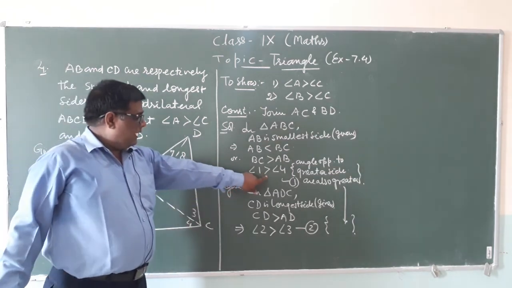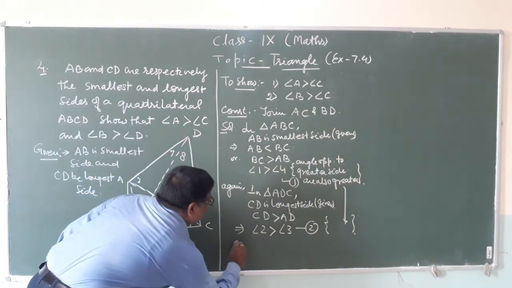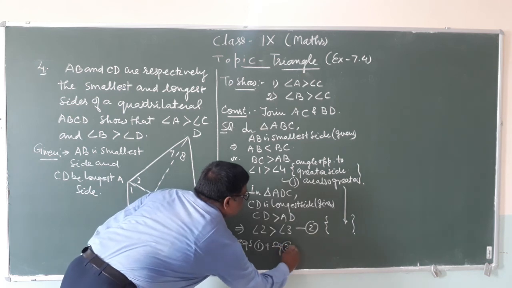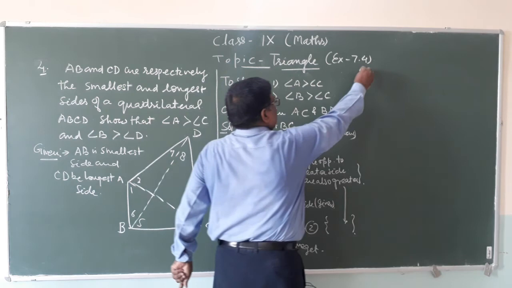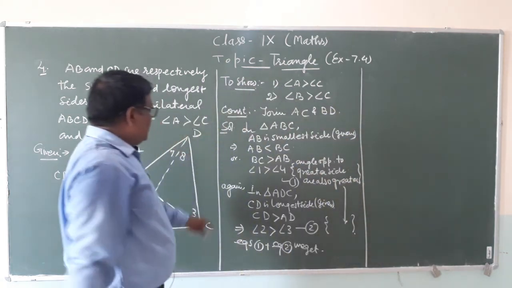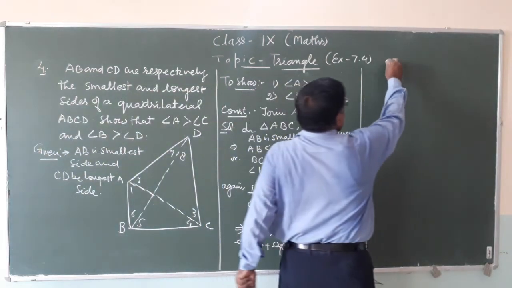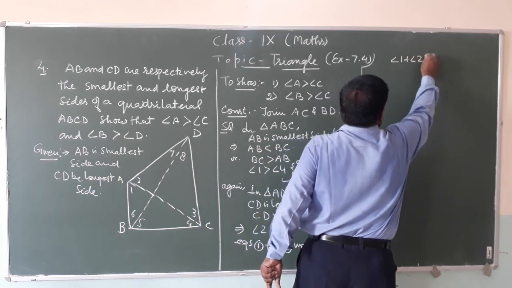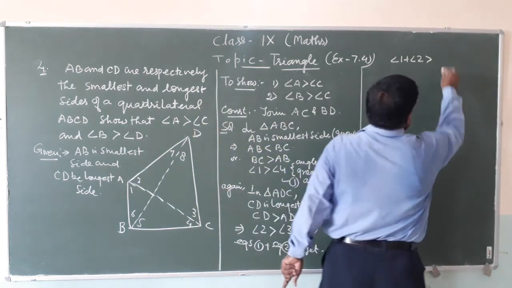Now adding equation 1 plus equation 2, we get angle 1 plus angle 2 is greater than angle 4 plus angle 3.